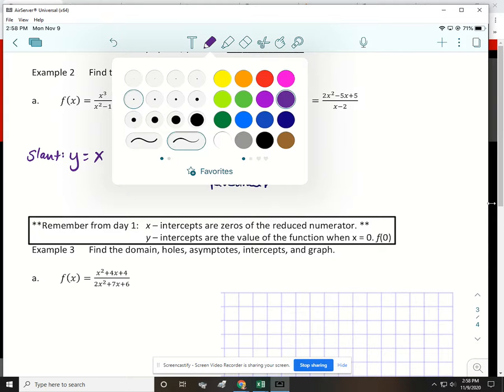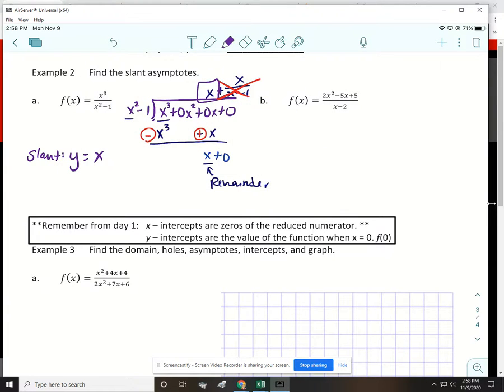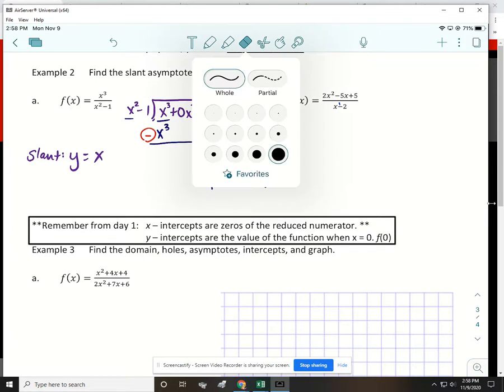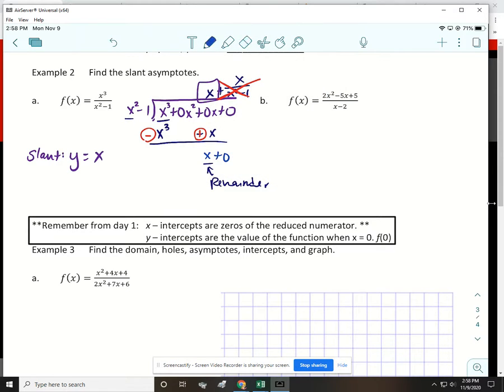Okay, let's look at the next one. The degree of the numerator is 2. The degree of the denominator is 1. 2 is exactly one more than 1, so I can divide. This one, I can do synthetic division because my denominator is x minus 2, so I put 2 in the box and then bring over my coefficients and my constant.